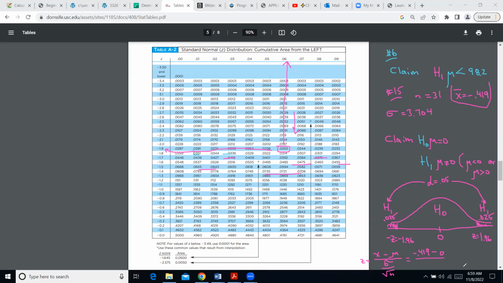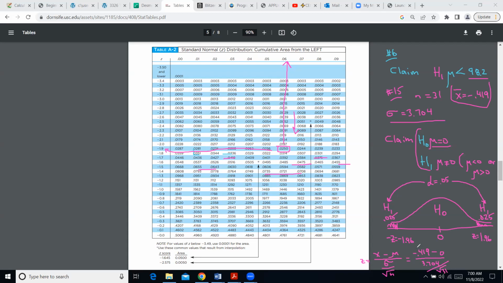So instead of the mean for the population, I use what's in my hypothesis, which is here. So mean is equal to 0, so I put 0. For standard deviation, they also gave us the number 3.704 in an assumption, which I have to divide by a square root extracted from the sample size of 31.